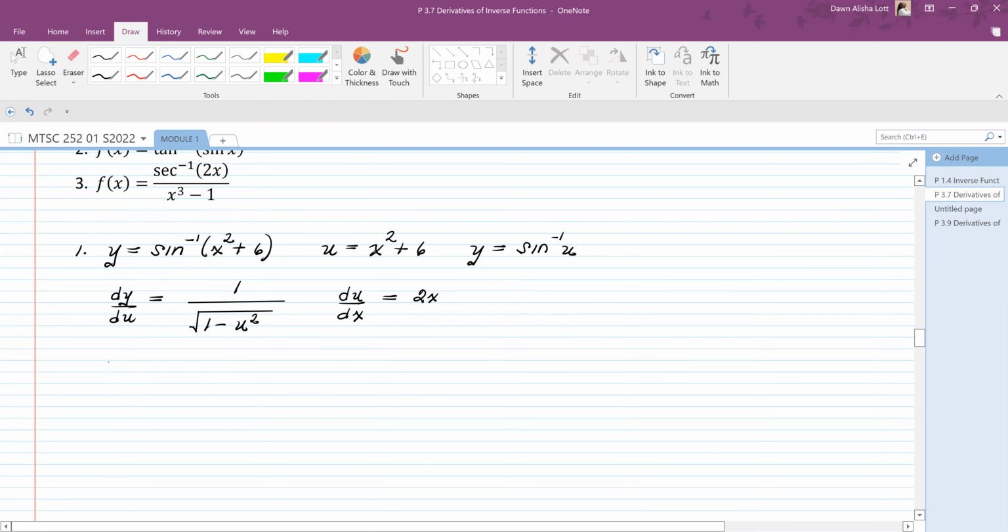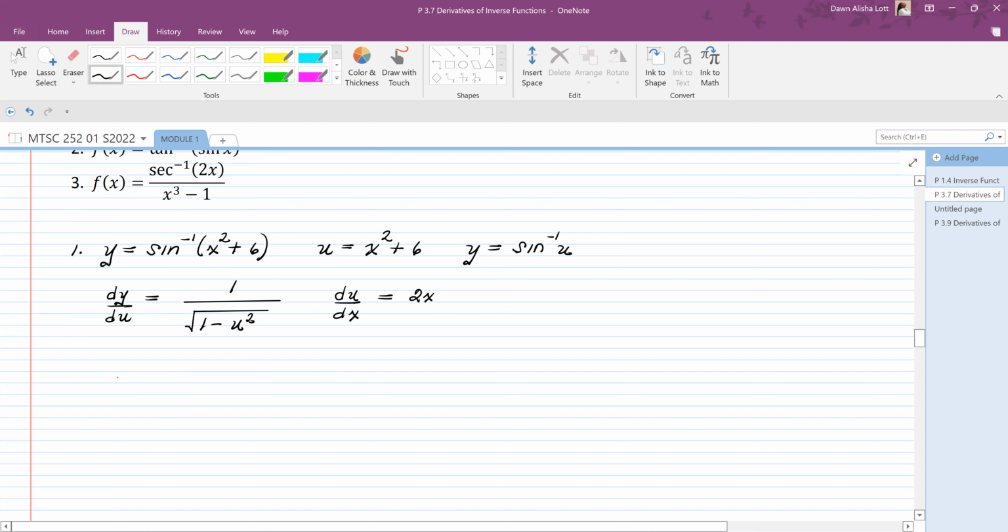So therefore, dy dx says take the 1 over the square root of 1 minus u, where u is x squared plus 6, and then multiply by du dx, which is 2x.